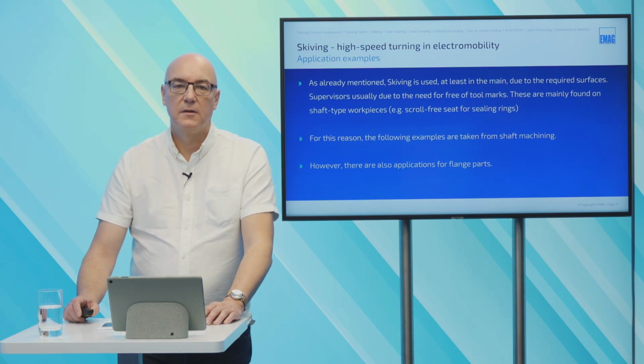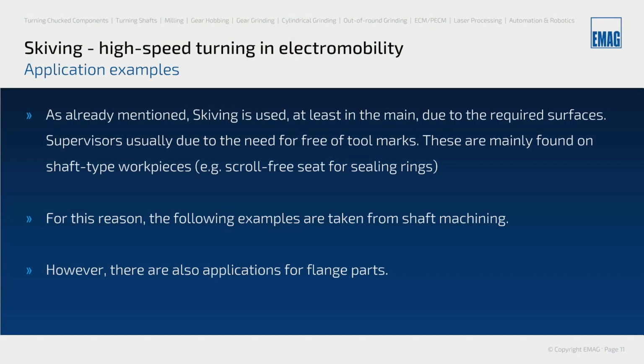Okay, now we come to some application examples. As we have seen, the skiving process is mostly required for good surface quality, maybe for scroll-free seats for sealing rings. And these requirements you find mostly on shaft machines or shaft workpieces.